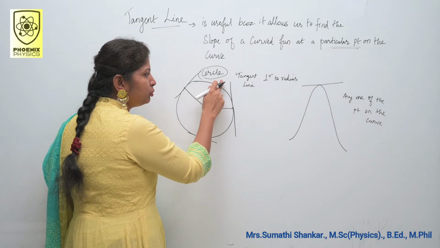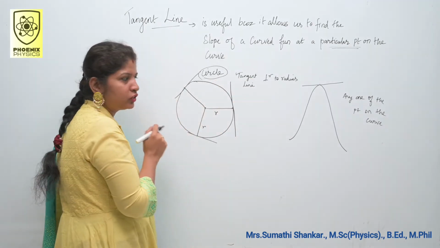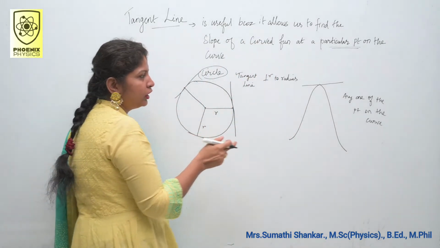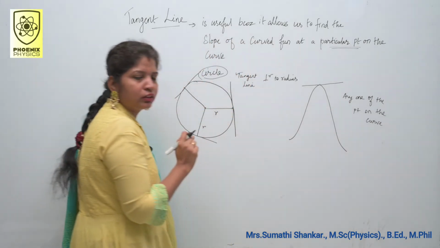If it is a circle, the tangent line should be perpendicular to the radius. If it is a curve shaped graph, the line should touch any one of the points on the curve.